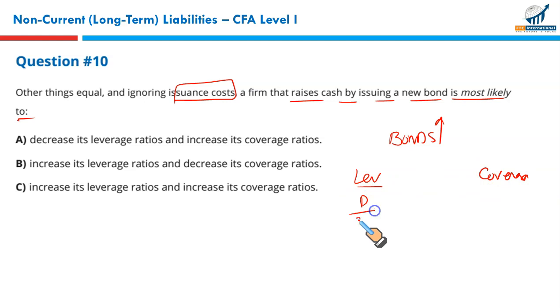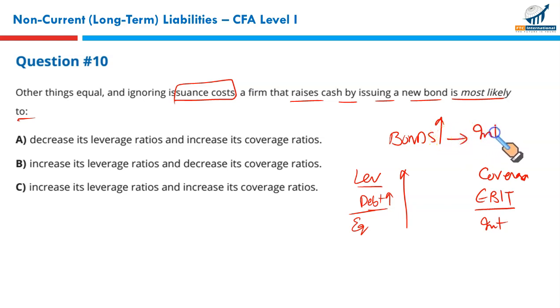Leverage means debt upon equity, and coverage means earnings before interest and tax upon interest. So when a company issues bonds, your debt goes up compared to equity, so the leverage goes up. Since bonds result in interest payments or interest expense, your interest expense goes up. Resultantly, the coverage falls. So issuing bonds would increase leverage and reduce coverage.